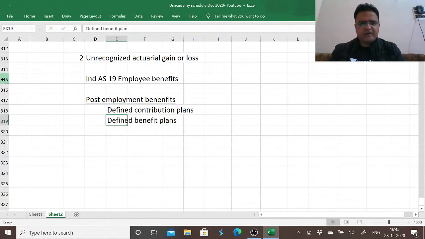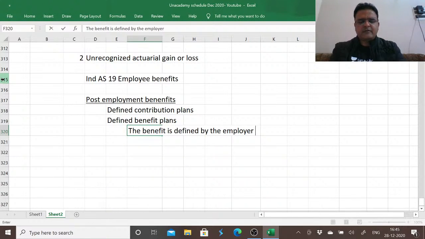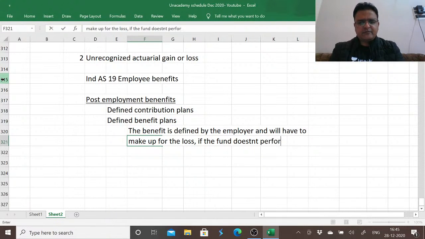But in case of defined benefit plans, the benefit is defined by the employer, or we can say entity, and will have to make up for the loss if the fund doesn't perform as expected.